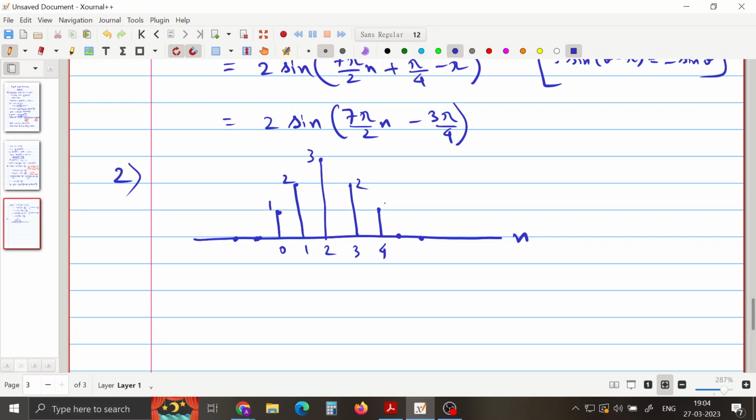This is 2, this is 1, and this is our given impulse response, small h of n.